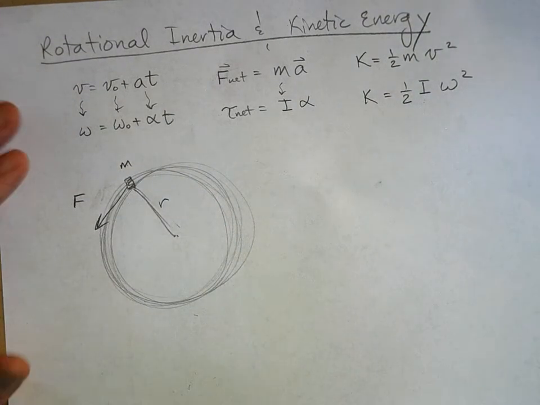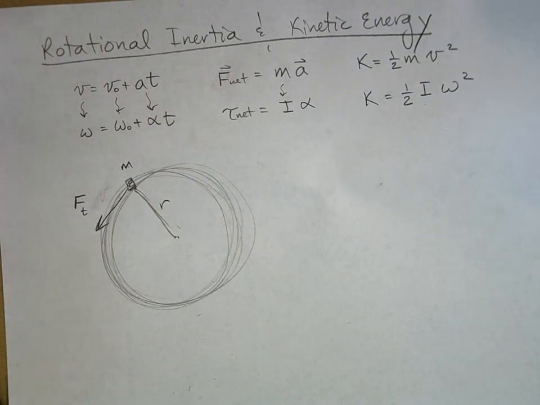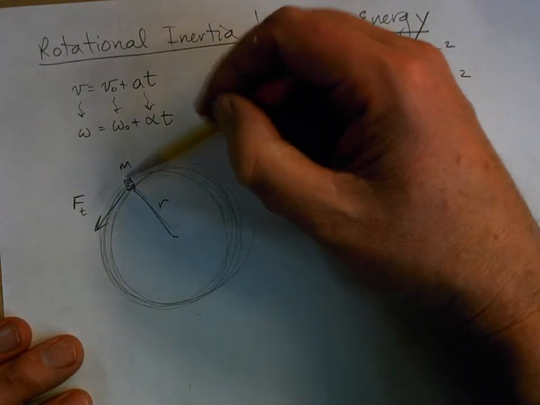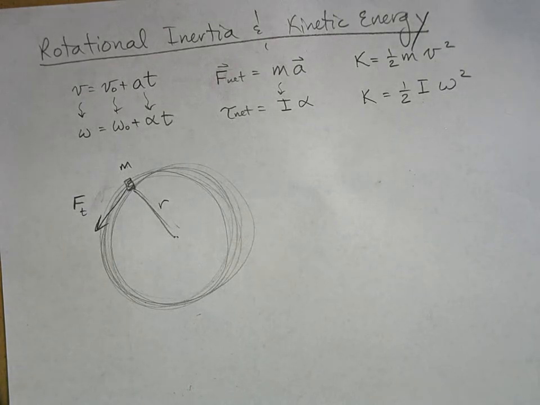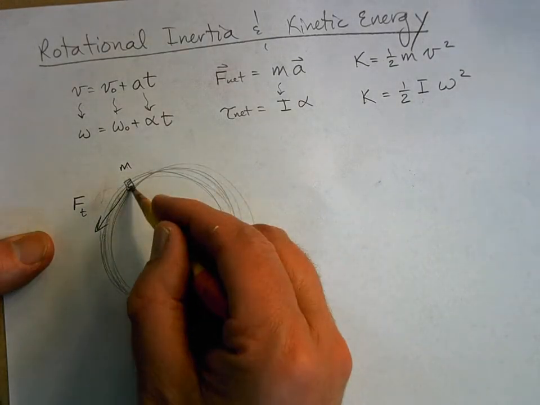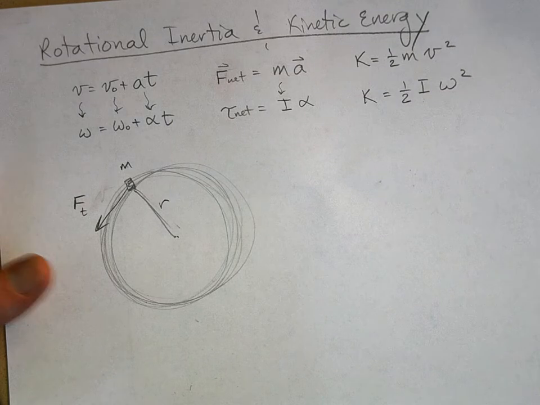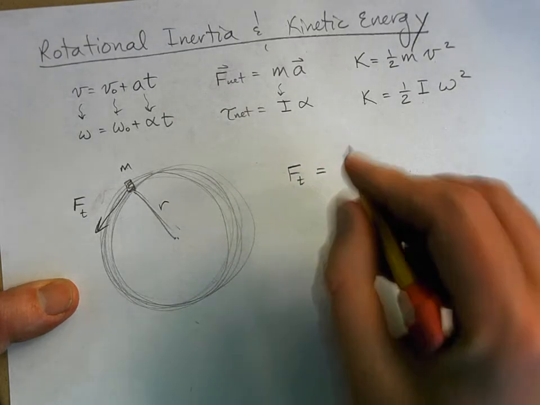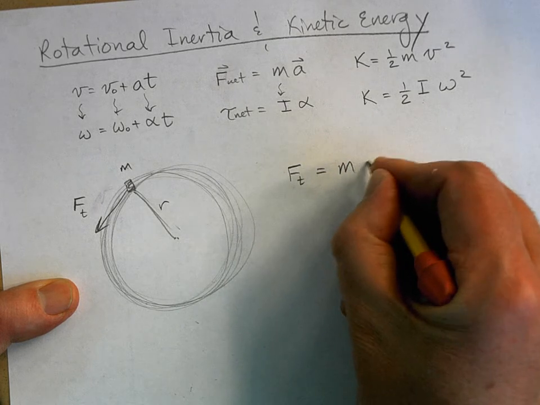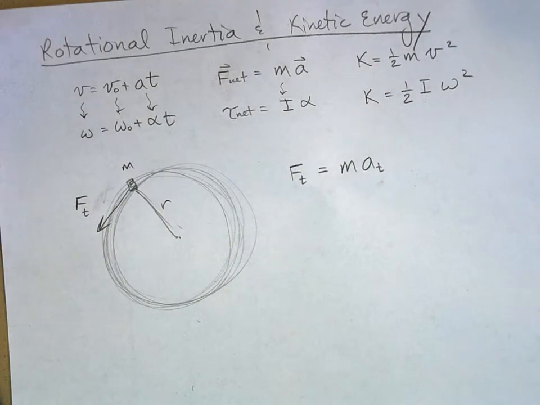Now this is a tangential force. Do you see that there's also another force on it? That is the tension force of the string, which is going to give it a centripetal acceleration, the acceleration of changing direction. But here I'm going to speed it up, make it go faster and faster by applying this tangential force. And this tangential force is going to be equal to m times a tangential acceleration.